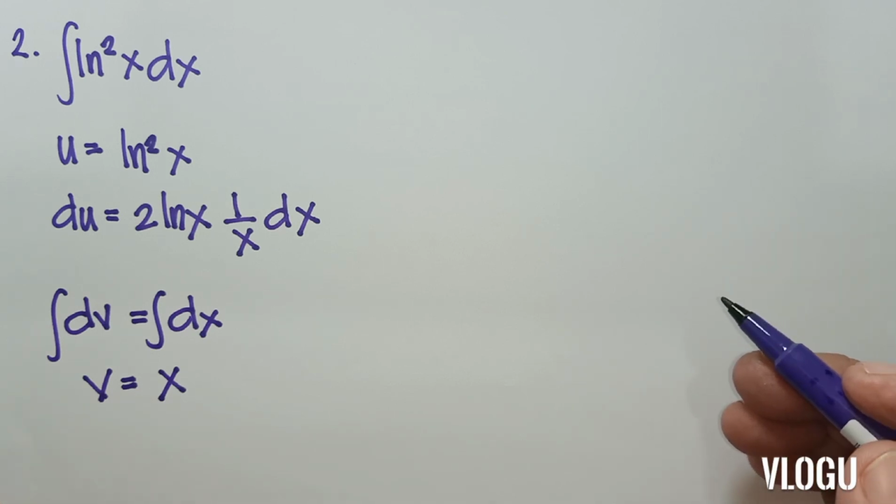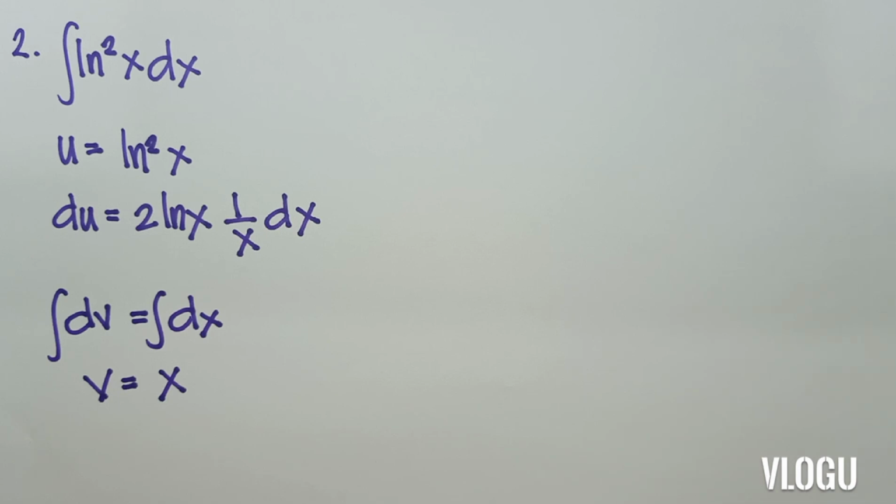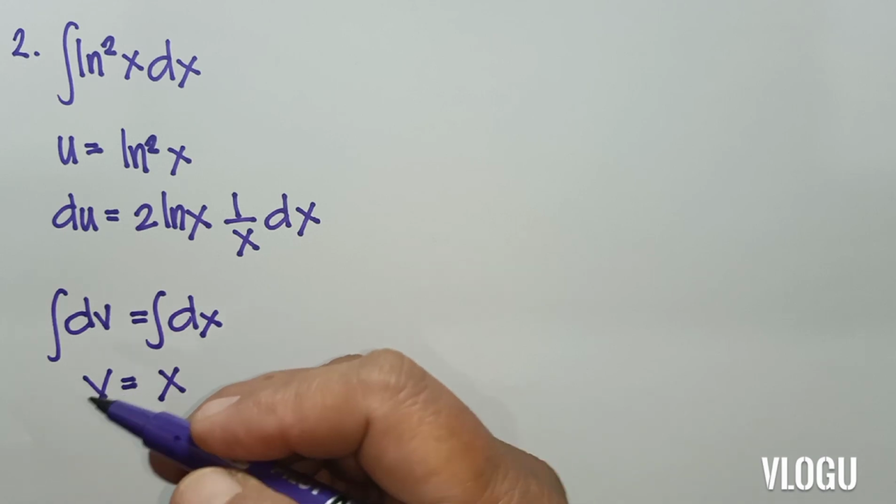So, from our formula for integration by parts, the integral of u dv is equal to uv minus the integral of v du.